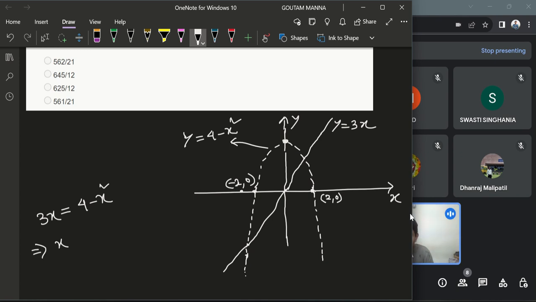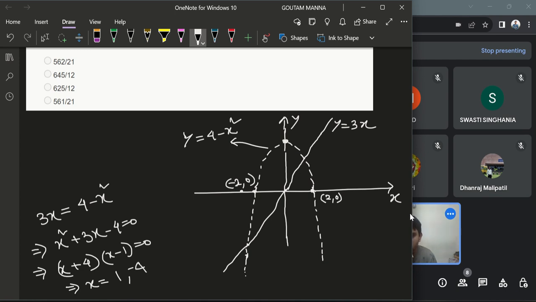So it will be x square plus 3x minus 4 equals 0. So it will be x plus 4 times x minus 1 equals 0, which gives two solutions, x equals 1 and x equals minus 4.